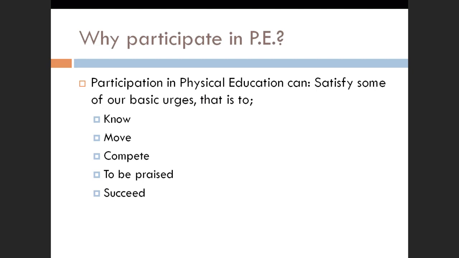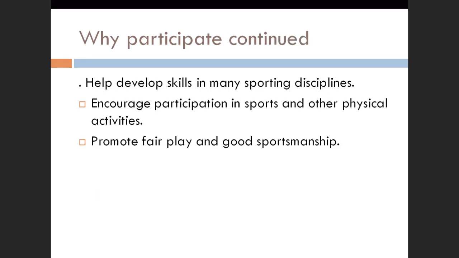But the fact that they are growing within the sport, that motivates them to go on, to keep trying, to keep pushing, to keep giving their all, because they realize the harder they work, the better they get. So the urge to succeed is one major urge that physical education will satisfy as we move forward.